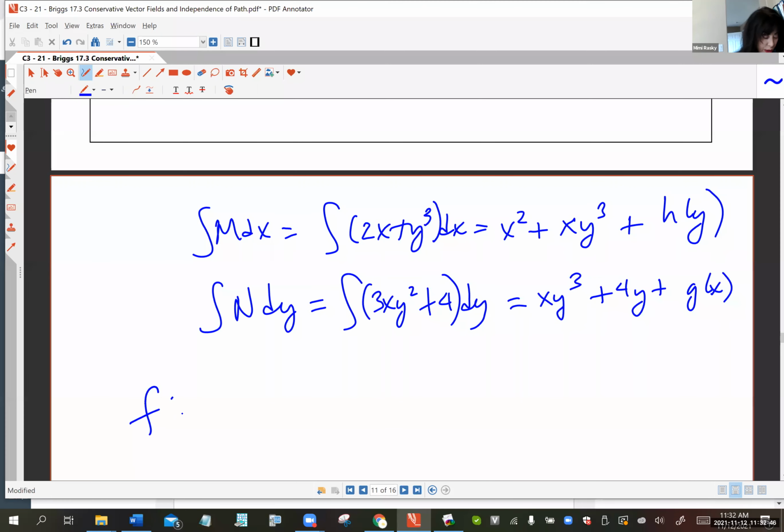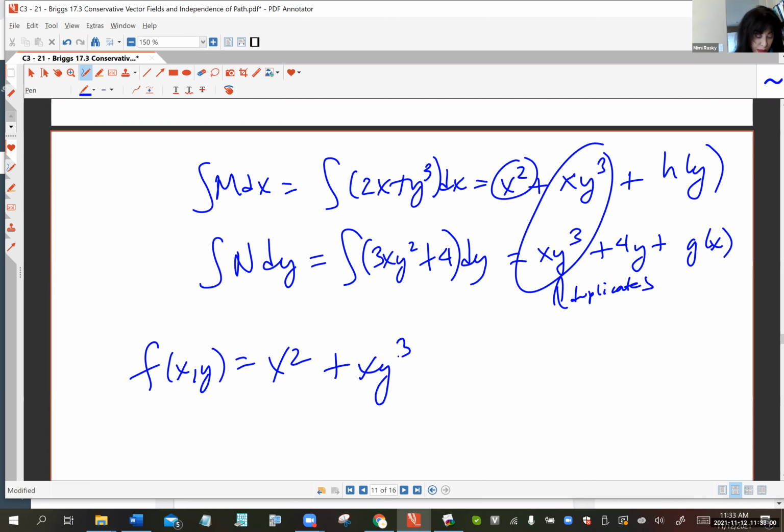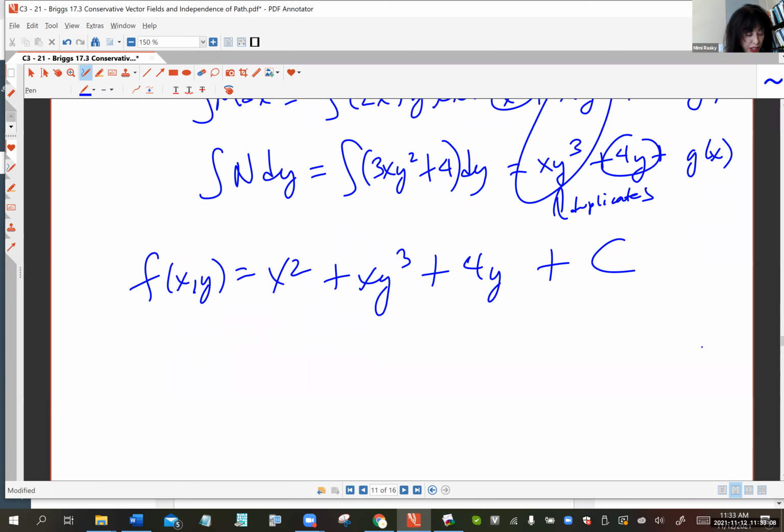Then what? Your potential function is going to be x squared plus, now you have duplicates here. Do not add these together. Just take one instance of it, xy cubed, plus we got a 4y. Aha, got a lot of stuff going on here. Is that the case all the time? Sometimes you might get a large potential function.